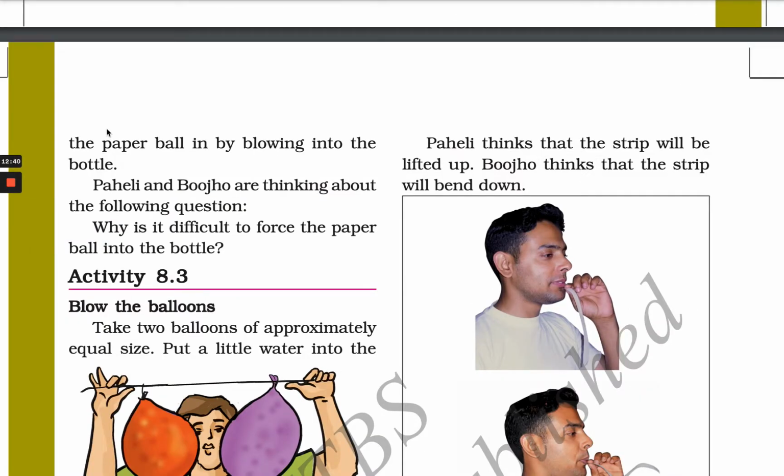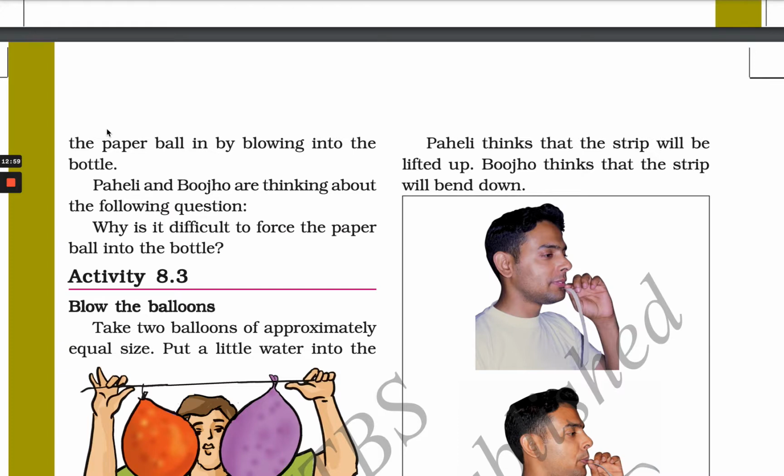And again, another activity, 8.3. So there are 3 activities that we will look into to see what kind of effect air pressure has on substances. Okay.